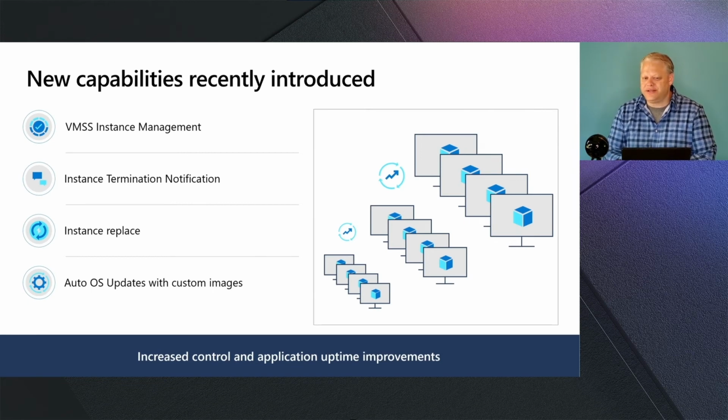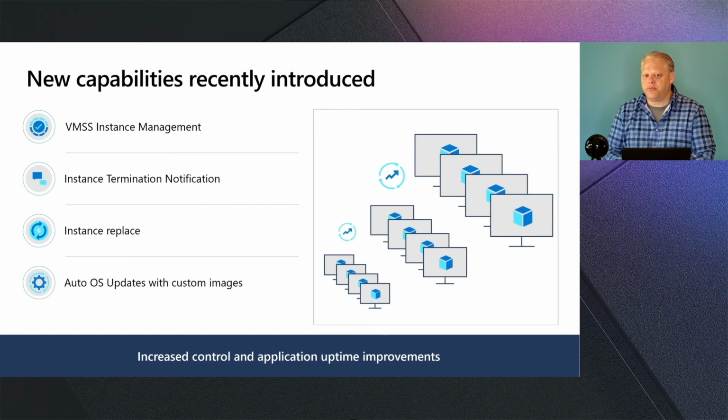Third is what we call instance replace. This is really nice functionality that allows you, using a load balancer probe or using a direct health probe on the virtual machine, to monitor the health of the machine. Now, Azure always monitors the health of the hardware. So if a power supply fails or a disk fails, we're going to move the virtual machine to new hardware and let that run again.